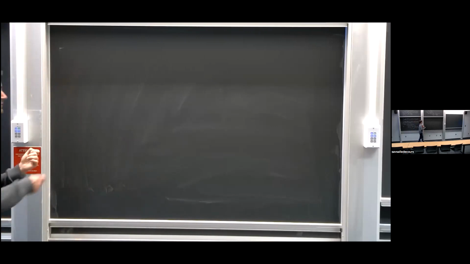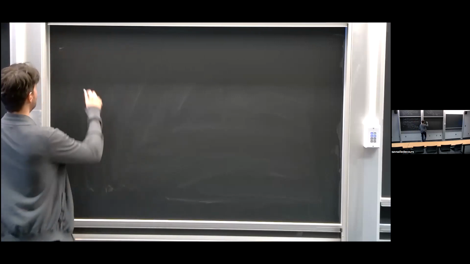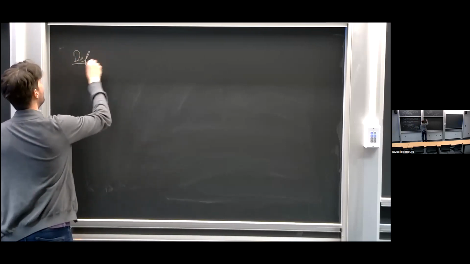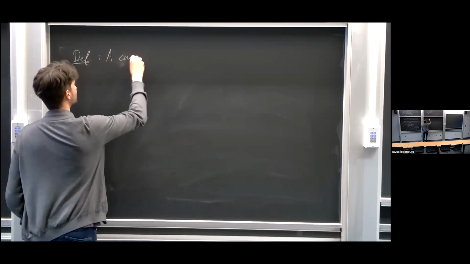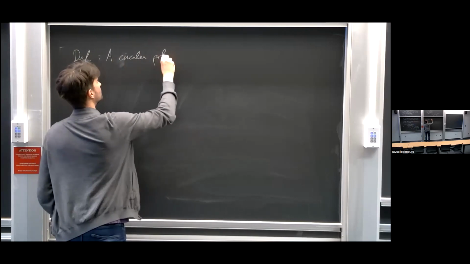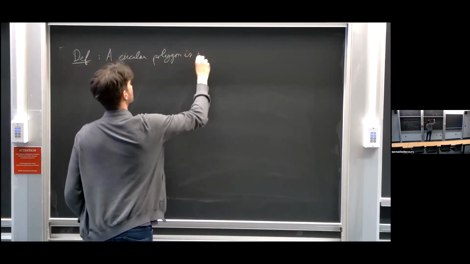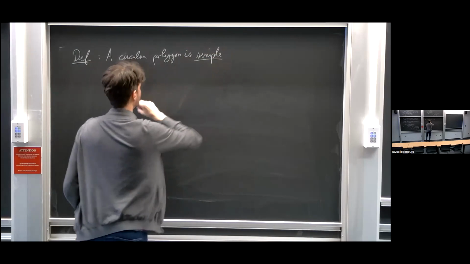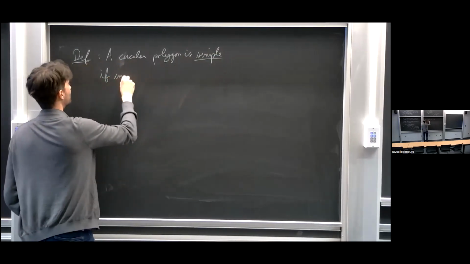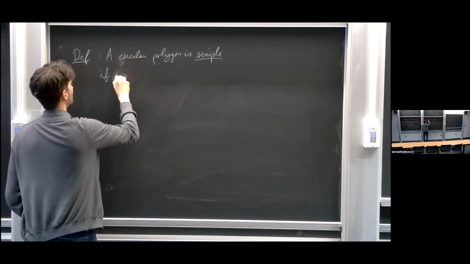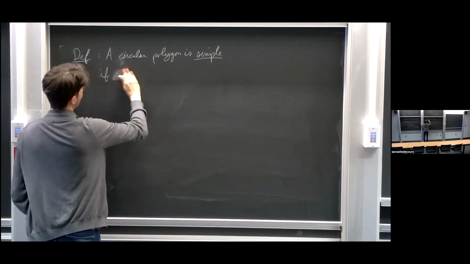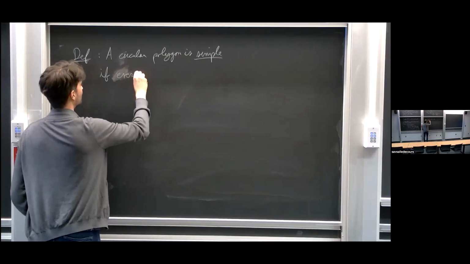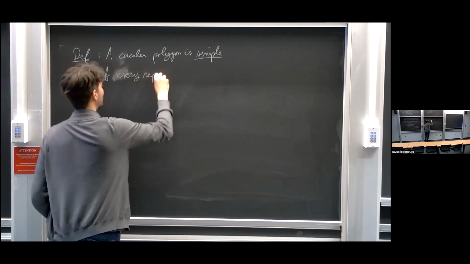Now, another property of these curves, which is fairly easy to define, is them being simple. I will say that a circular polygon is simple if every representative of the equivalence class is simple.